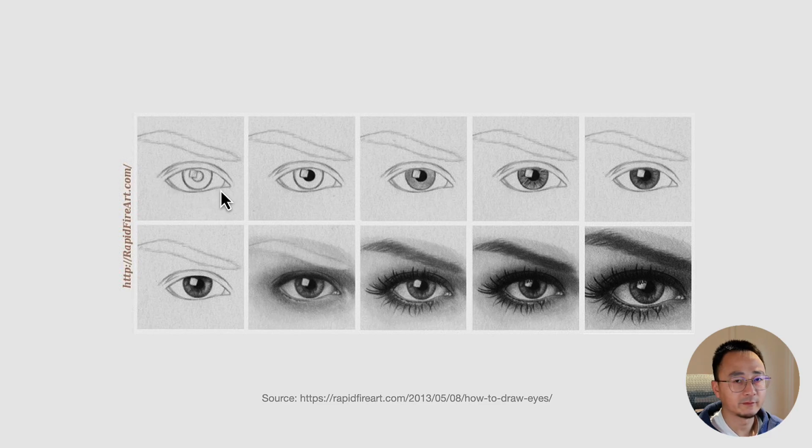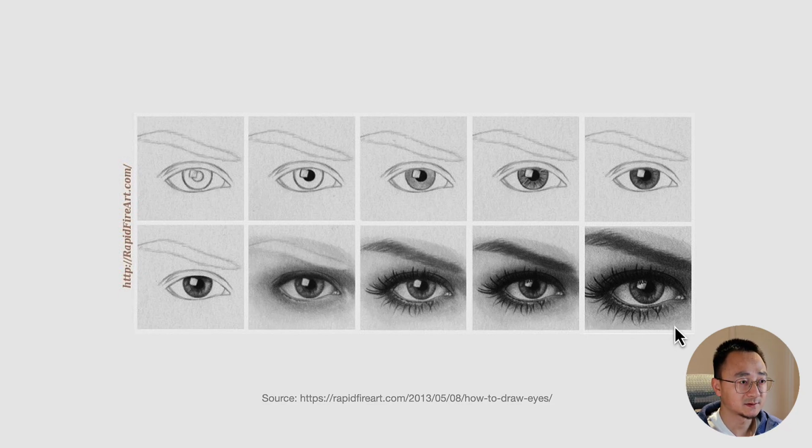You just draw a few lines and make the shape roughly what you're going to achieve at the end. Then gradually you add a few details, and when you find something wrong, you just erase it, and then you add more details to the pupil, to the eyeball, and then the highlight and the shadow, and gradually it becomes more and more realistic.